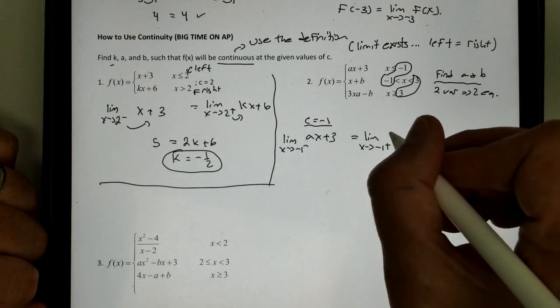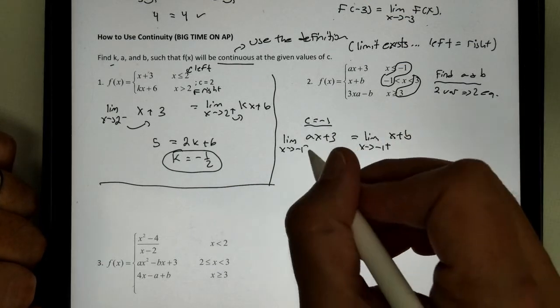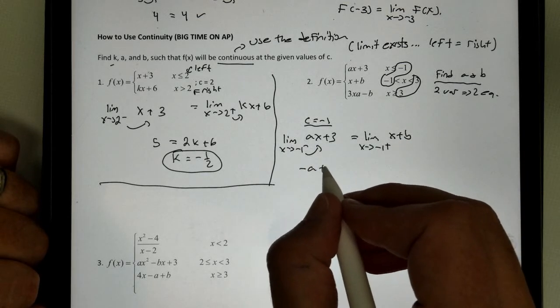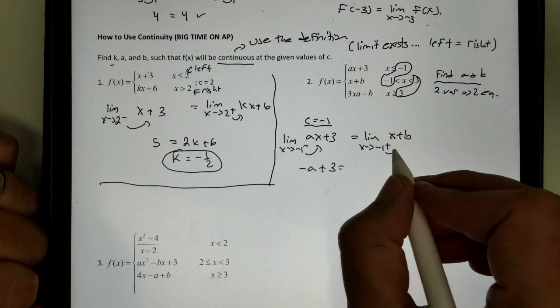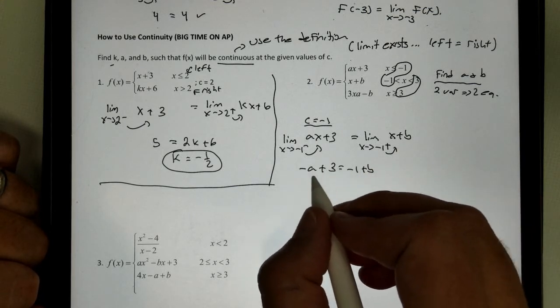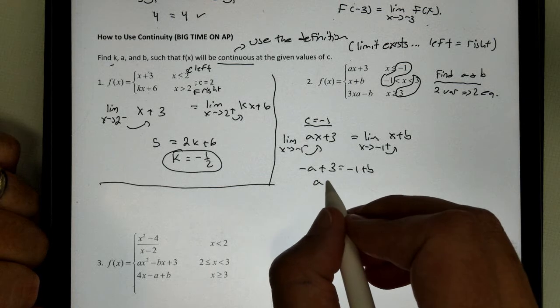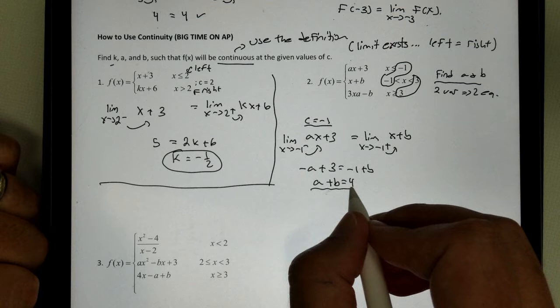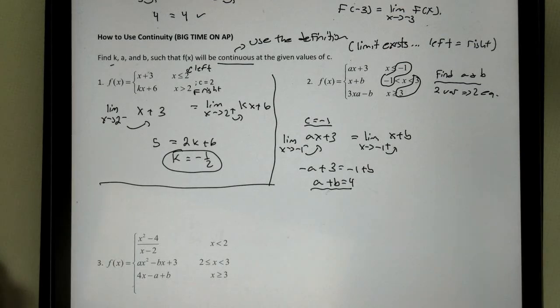And on the right, we're on x plus b. Plugging in the -1 for x, I get negative a plus 3 equals, plugging in the -1 over here, -1 plus b. And if I simplify this, I can bring the a over, I get a plus b equals 4. So there is one of my equations.